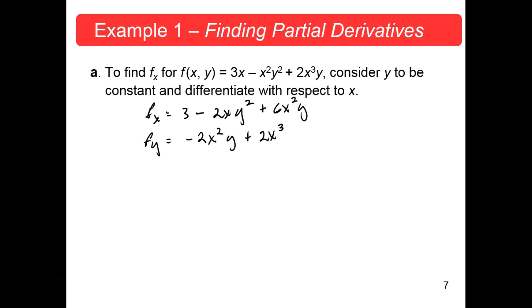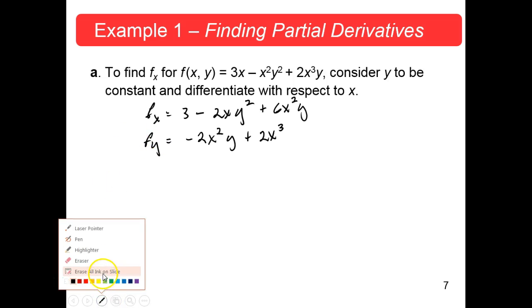The problem didn't ask you to, but they went on and did the same thing we did. So the first one is 3 minus 2x y squared plus 6x squared y, and f sub y was minus 2x squared y plus 2x cubed. Perfect. Let's see how they did it. I think it's the same way we did.